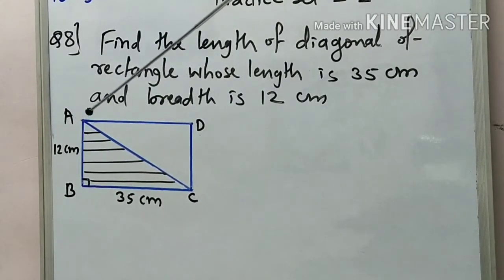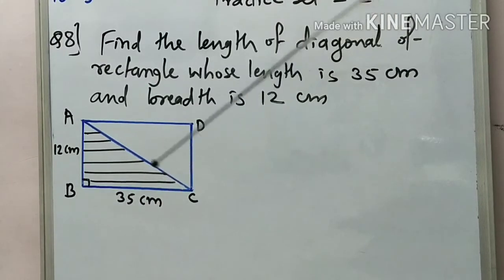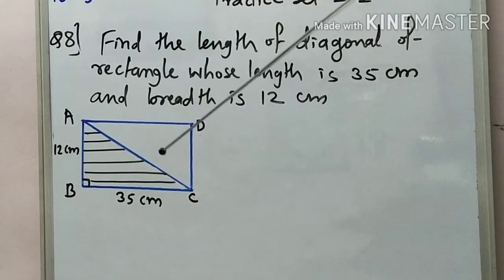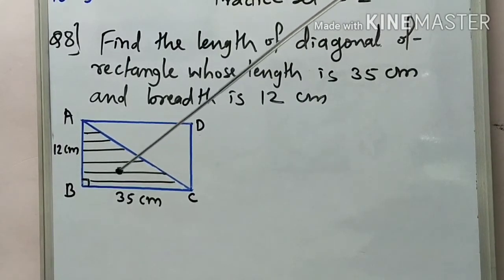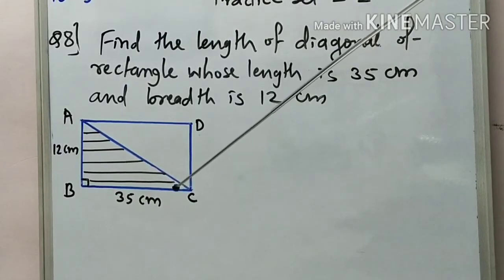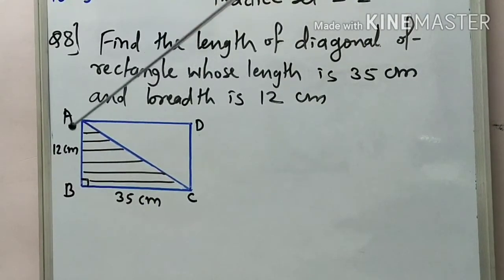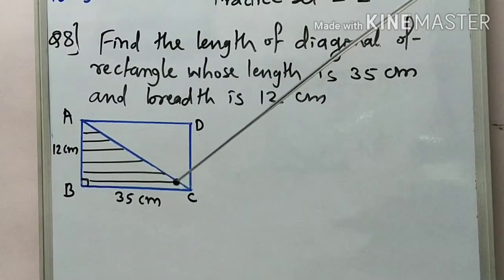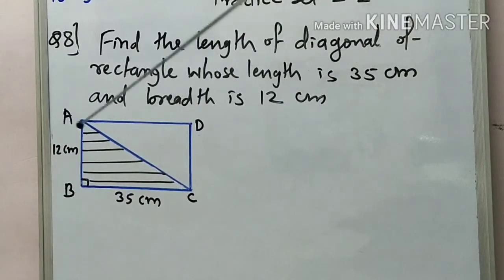And segment AC is what? Its diagonal. By the diagonal, the rectangle divides into 2 parts, and those 2 parts are what? Right angle triangles. So to find this diagonal, what we do here, students? Yes, in the right angle triangle we use Pythagoras theorem, because the diagonal AC is now the hypotenuse of this right angle triangle ABC.